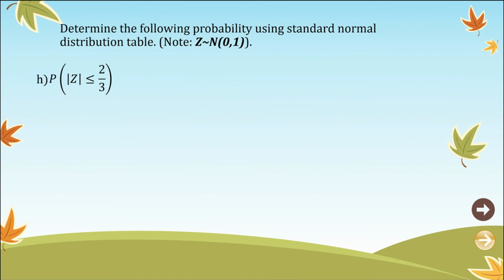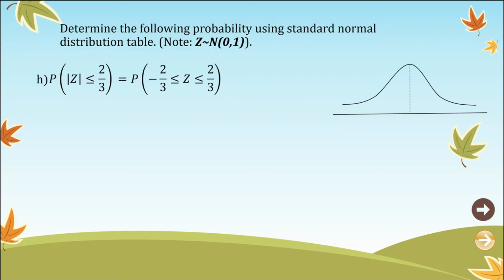We want to find the probability when modulus Z is less than or equal to 2 over 3. We use the definition. The probability of Z is from negative 2 over 3 until 2 over 3. Let's find the area using the bell shape.